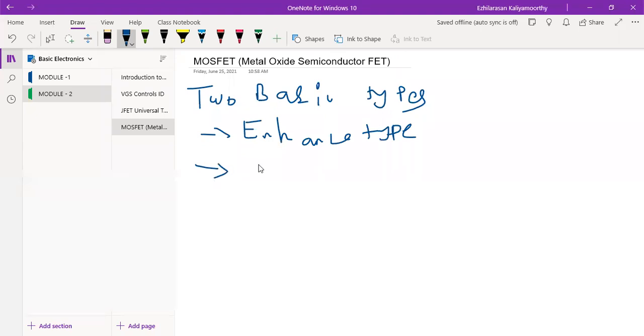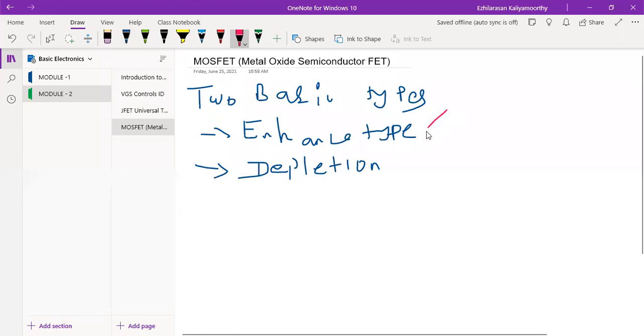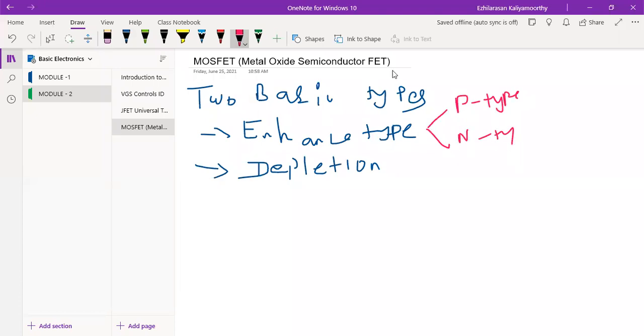The second one is depletion type. So again, in this enhancement type, we are having the P type, then N type. Same for depletion also, we are having two, that is P and N.